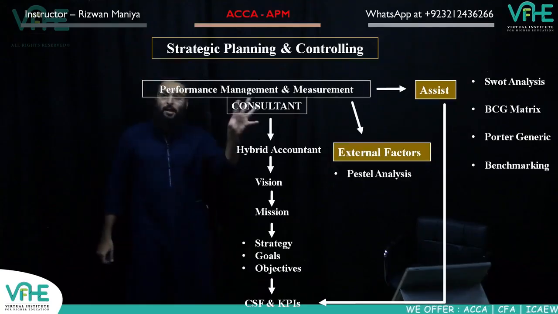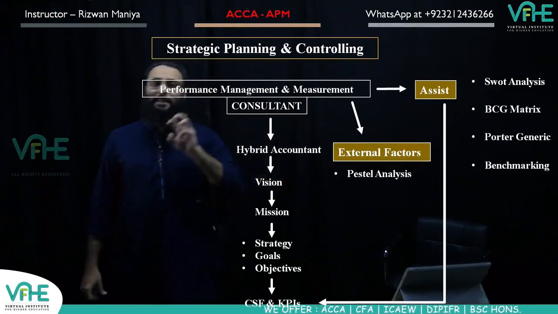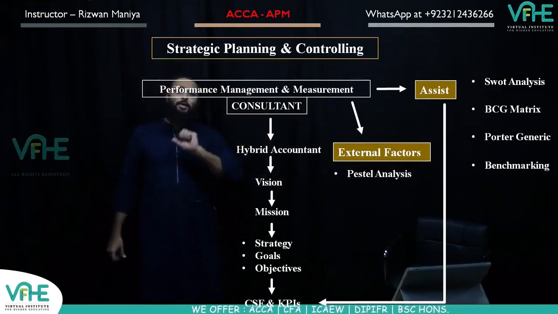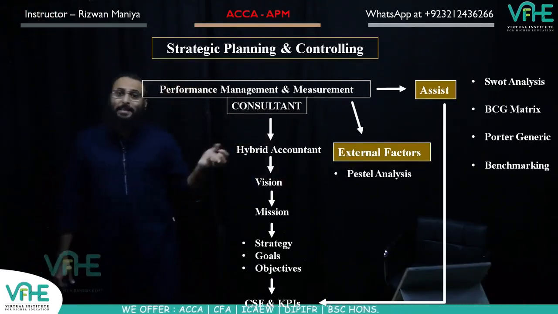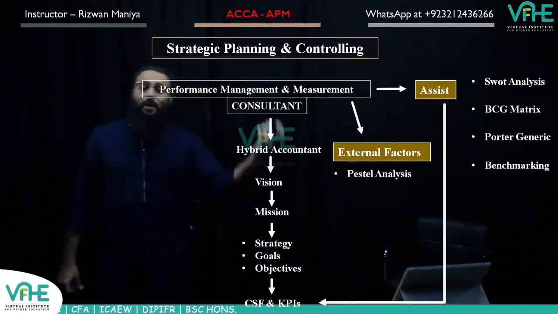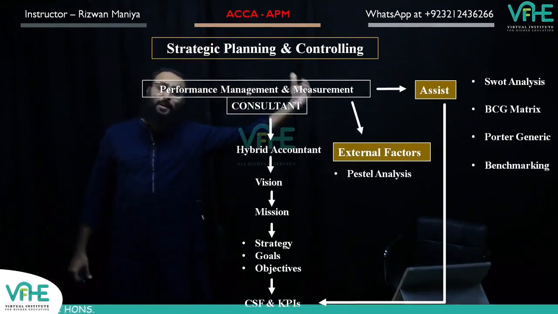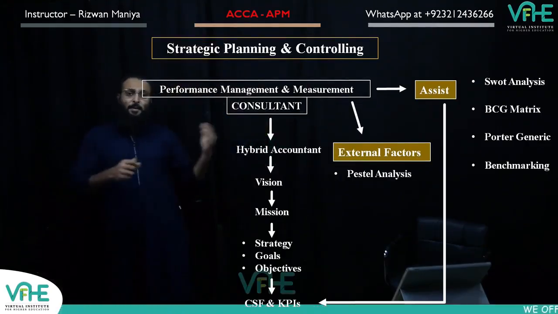Considering the political impact, social impact, economical impact, technological impact, you will get to know whether these things are in favor or adverse, and according to that you will set up your management and measurement system.